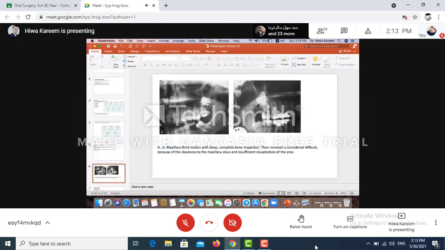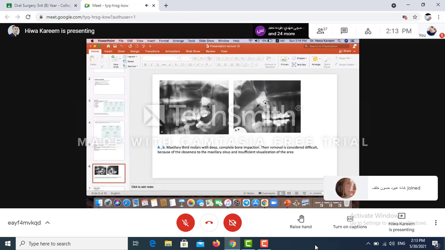Maxillary third molar is sometimes very deep and needs more bone removal during the extraction. In this area, we have the maxillary sinus. This is the maxillary sinus, right and left.